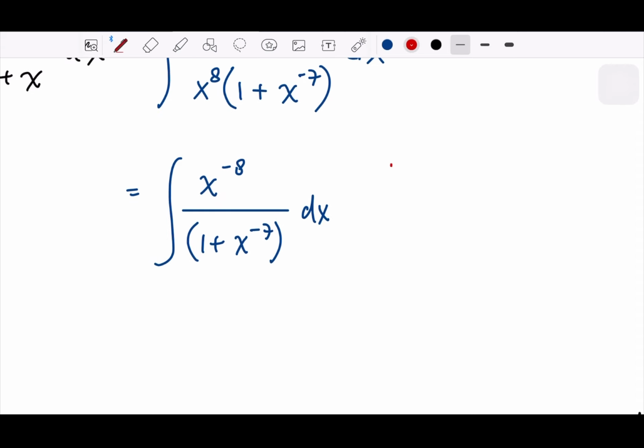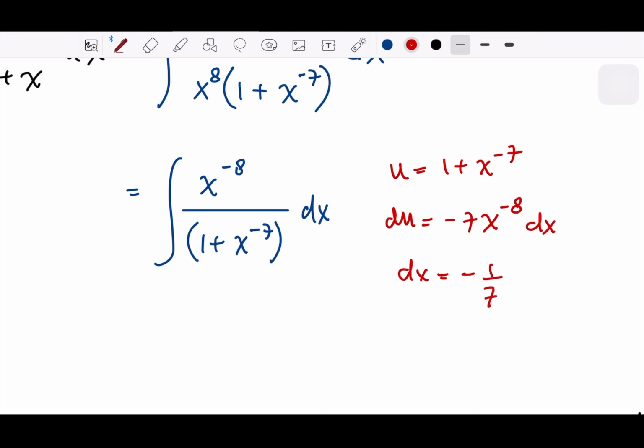So take u as 1 plus x to the power of negative 7, or as on the website, 1 over x to the power of 7. I'm writing it with the negative so it is more comfortable to understand. Then we take du, which will be negative 7 x to the negative 8 dx. So dx is, we can substitute this into our solution, and this is practically just 1 over u.